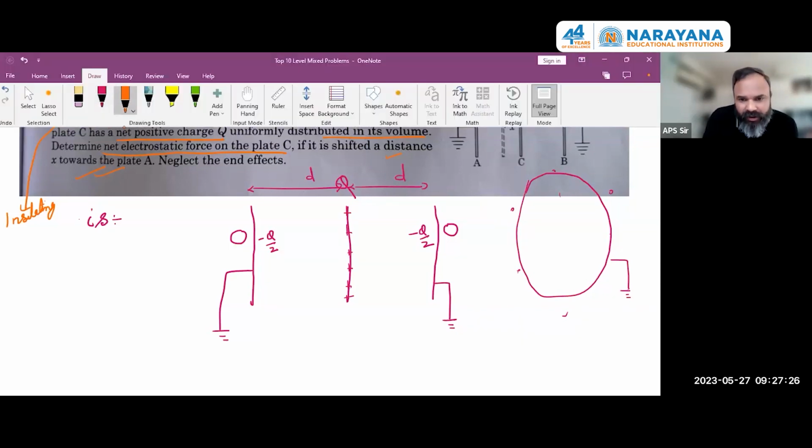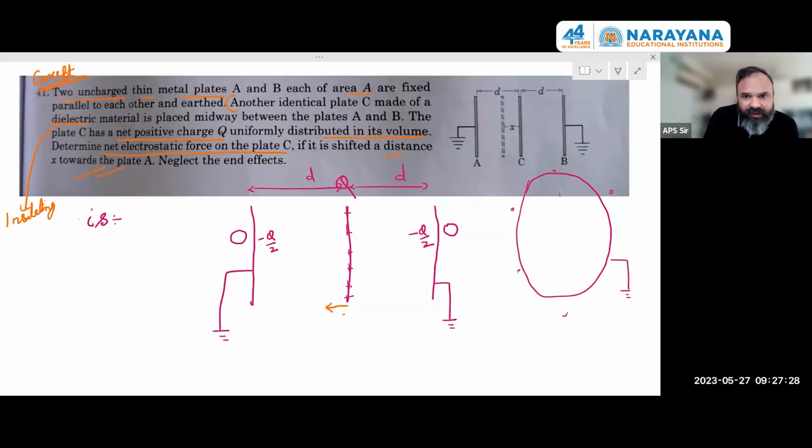If you shift it by a distance x, you take this guy here. This guy, in the final state, still has plus Q. Now I will say I still have 0, 0, that property of a conductor.